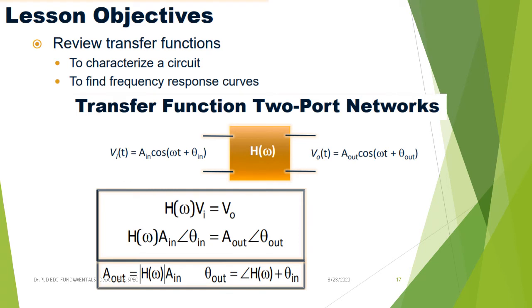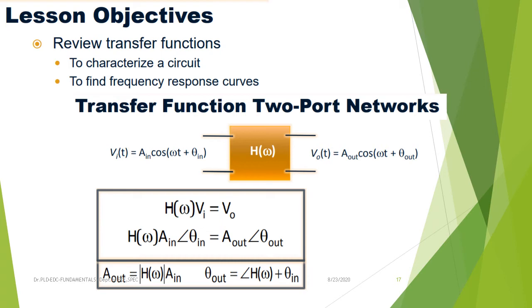So the main concepts are transfer function evaluation, characterizing a circuit, and frequency response curves of these particular components, let us observe in this case. Transfer function, 2-port networks. A 2-port network consists of an input port and an output port. A port indicates 2 terminals: 2 terminals at the input side and 2 terminals at the output side.